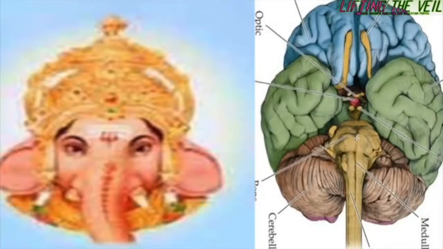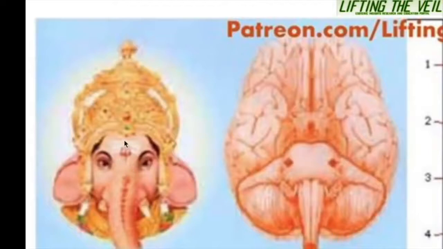And then depicted on the crown of Ganesha is direct correspondence. Notice the little dot is the exact location of the pituitary gland. So again, located right on the psi of Ganesha's forehead, the psi, the psychology, the psyche, is the exact location of where the pineal gland is located in the brain, at the top of the diencephalon.